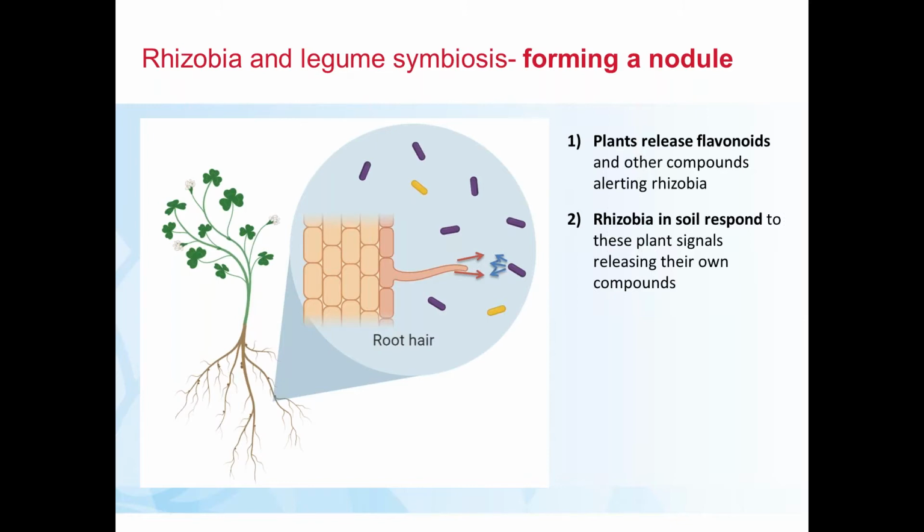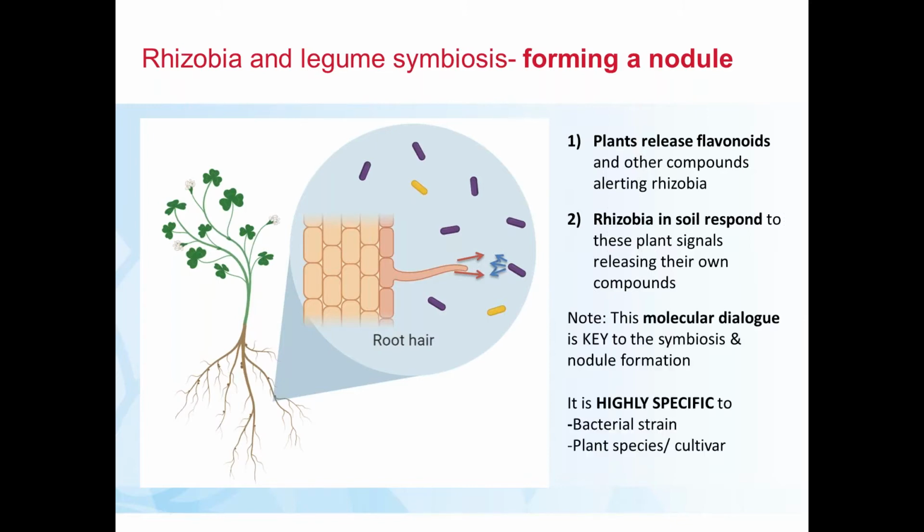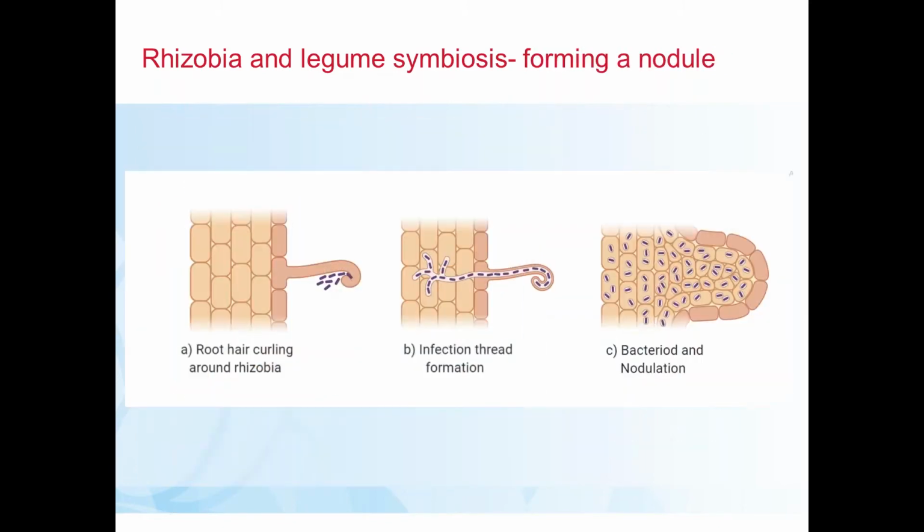As this molecular dialogue begins, the root hair starts to form around the bacteria. This molecular dialogue is highly specific, to the bacterial strain and the plant species and cultivar. As this connection continues, the root hair curls around the rhizobia and an infection thread forms down into the root. A bacteroid, or nodule, forms.